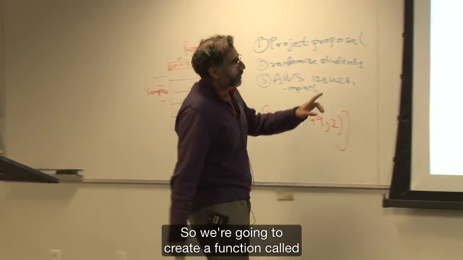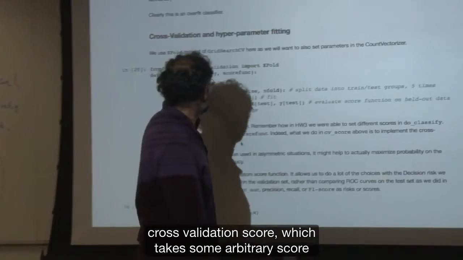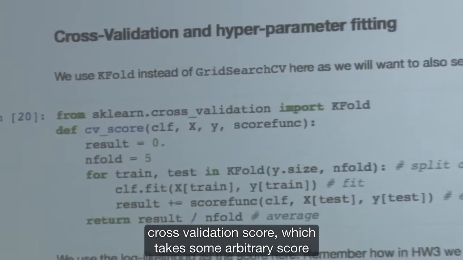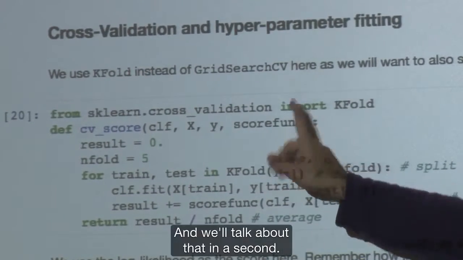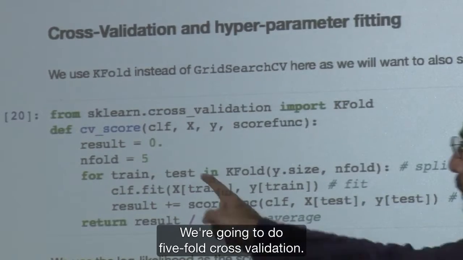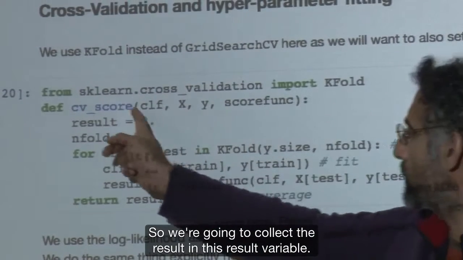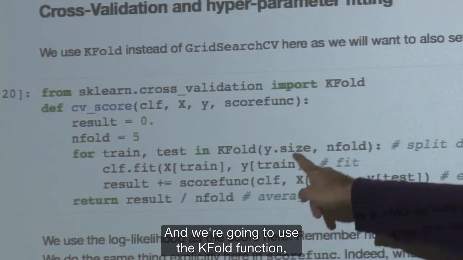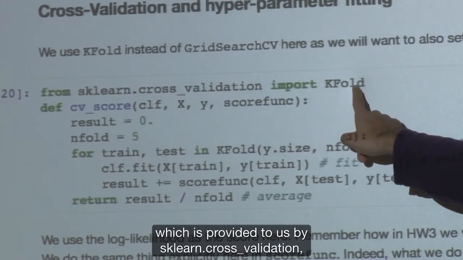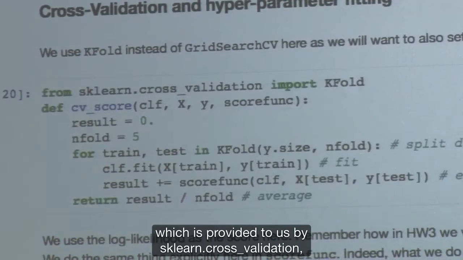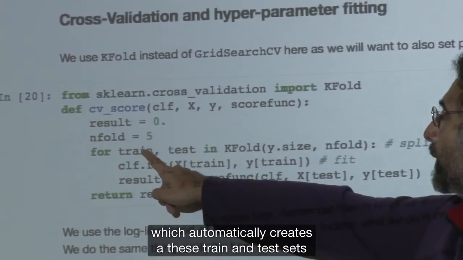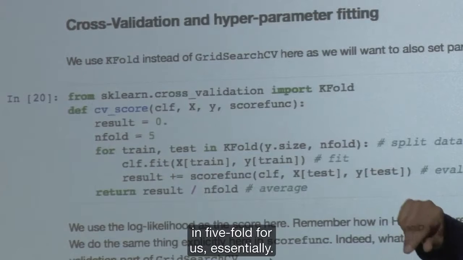So we're going to create a function called cross_validation_score, which takes some arbitrary score function, and we'll talk about that in a second. We're going to do 5-fold cross-validation. We're going to collect the result in this result variable. And we're going to use the KFold function, which is provided by sklearn.cross_validation, which automatically creates these train and test sets in 5 folds for us.